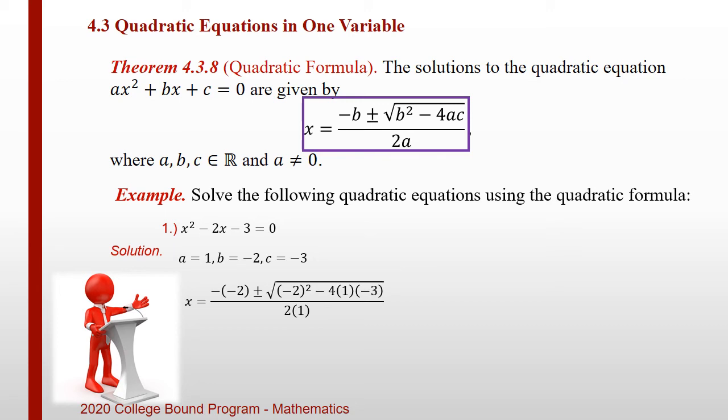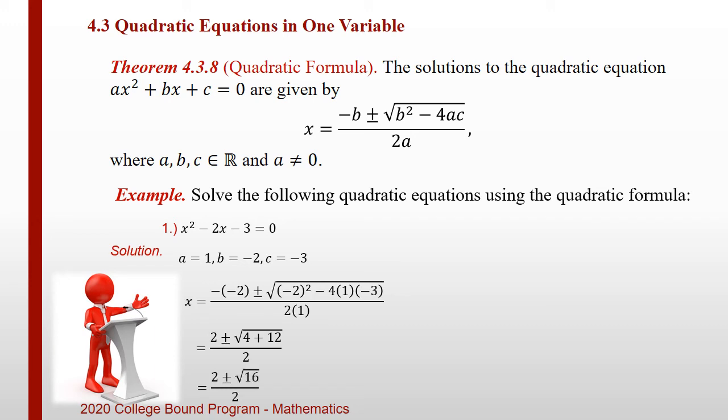Since negative 2 quantity squared is 4 and negative 4 times 1 times negative 3 is 12, we can simplify this as 2 plus and minus the square root of 16 all over 2.